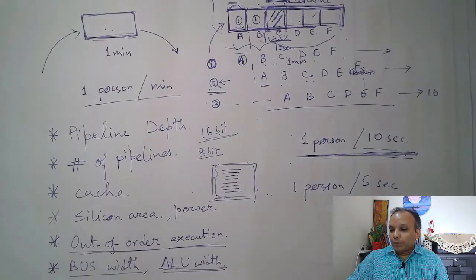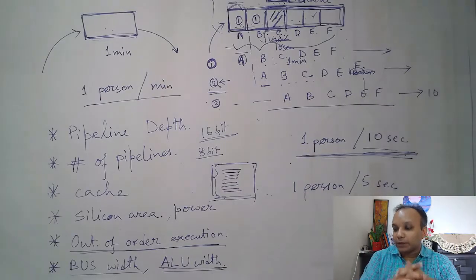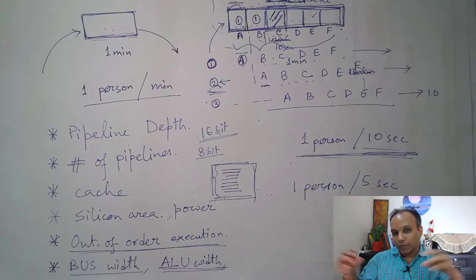So, I hope with this analogy we could highlight the difference between ISA and organization. We could also highlight the different aspects of a computer microarchitecture, especially at a very crude level.